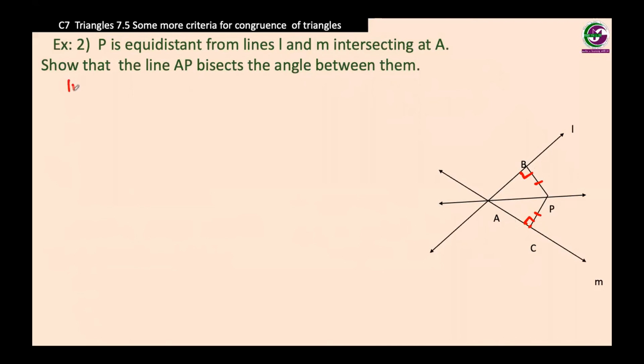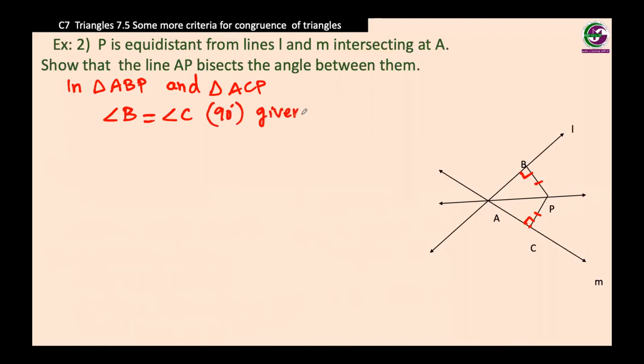So in triangle ABP and triangle ACP, we can see that angle B and angle C are 90 degrees. Angle B is equal to angle C, 90 degrees, given, because it is distance, so it will always be 90 degrees. So we have a right triangle now. Now the side opposite to 90 degrees is called the hypotenuse.